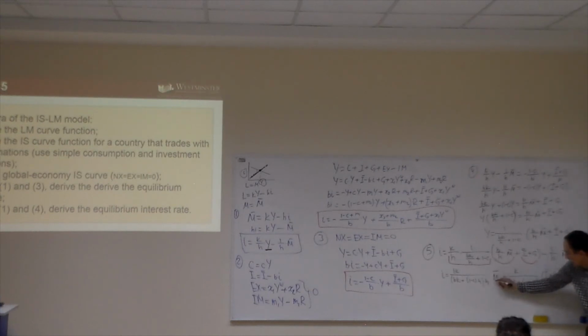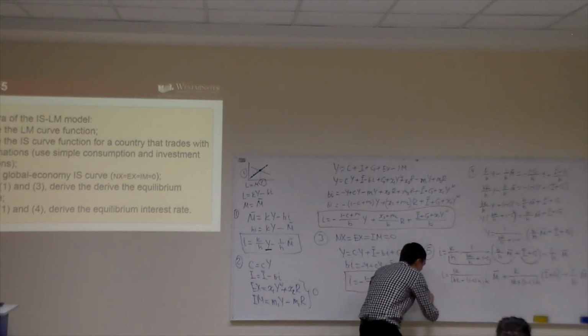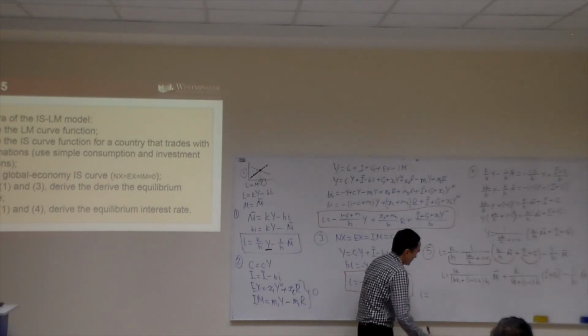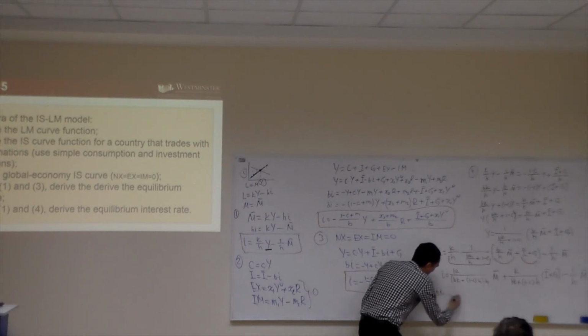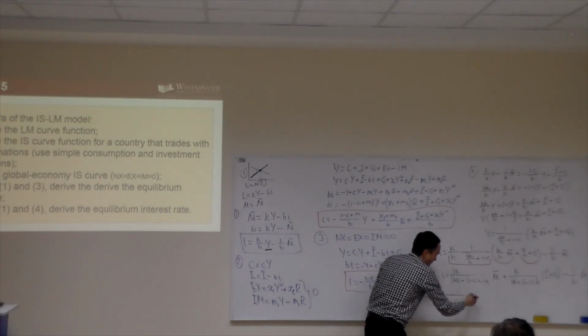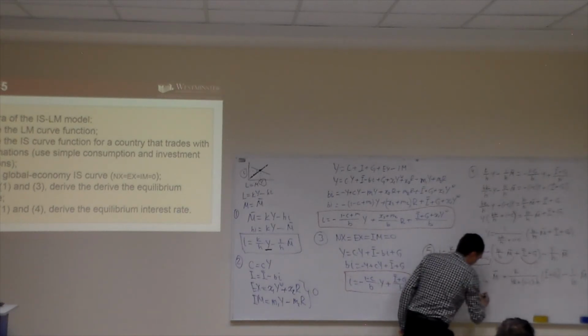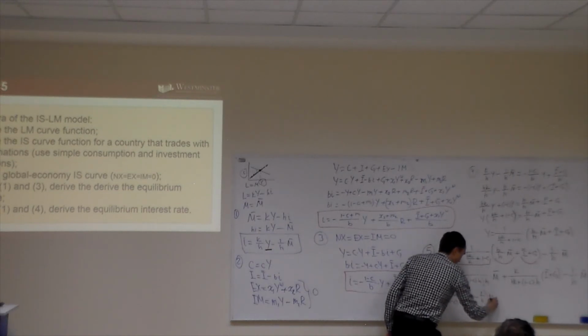Money supply, these two. Okay, now we are considering these two factors. So if you consider these two factors, then it's going to give us our interest rate is equal to BK over BK plus 1 minus C times H, times H, this, minus 1 over H, money supply.